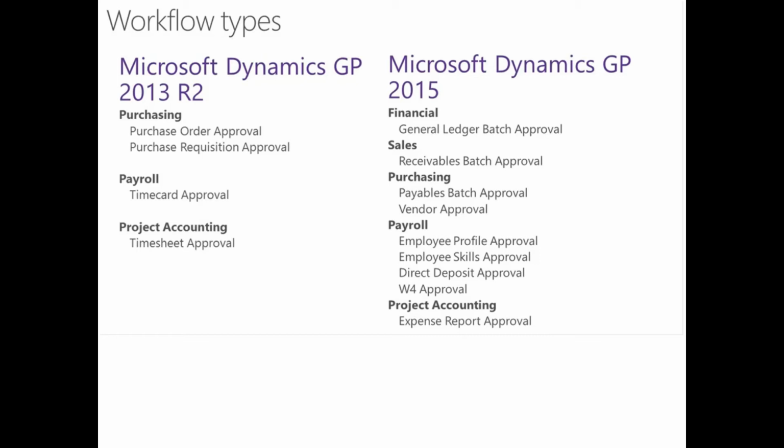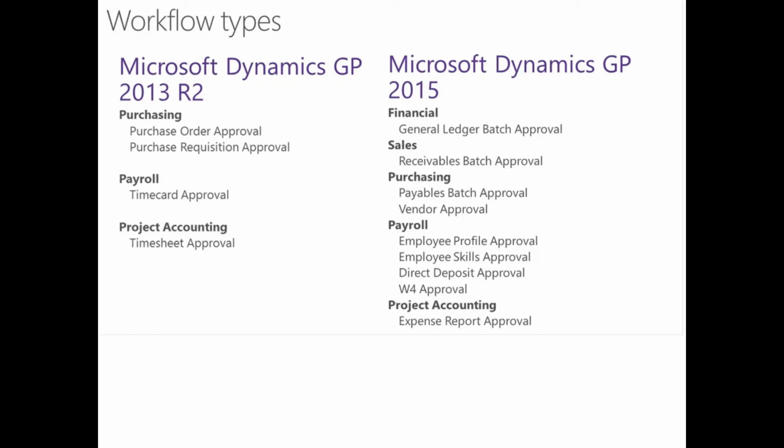And then in payroll, we rounded out some of the former Business Portal functionality we now have in workflow with the employee profile, employee skills, direct deposit, and W-4. Business Portal does not ship with GP 2015, so any of the Business Portal functionality that we had there would now be taken in with workflow.